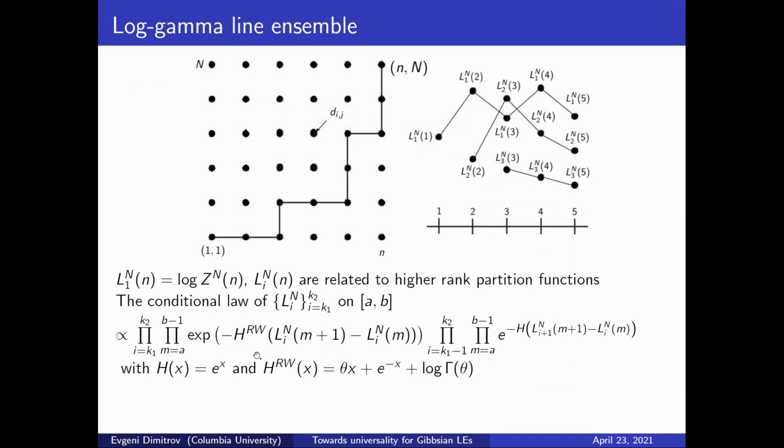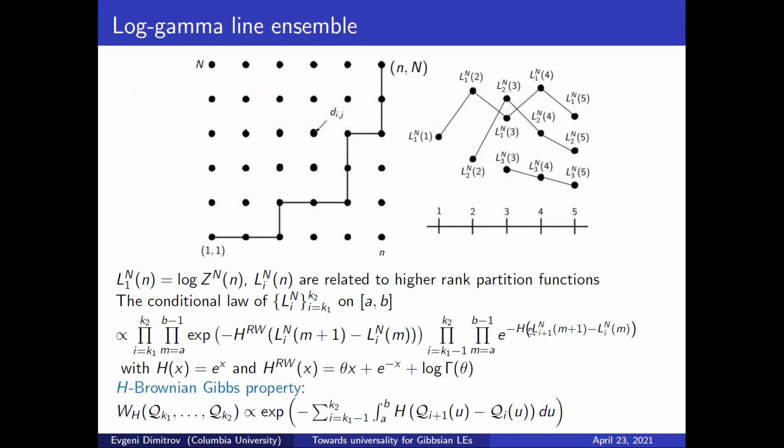And then the Gibbs property is basically encoded in this local distribution of the curve. You should not try to read this very carefully. Let me try to guide you through it. The local distribution of k consecutive curves in this ensemble is proportional to the product of two terms. The first term is saying that the evolution of the L's is that of independent random walkers that have log gamma jumps.